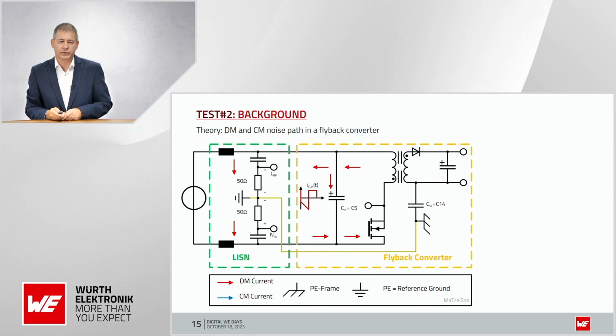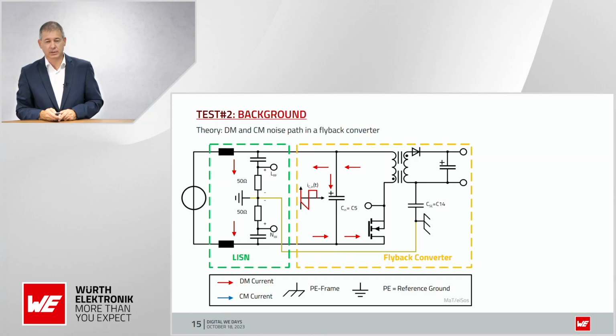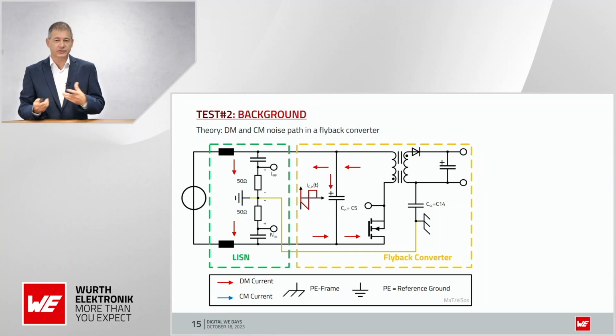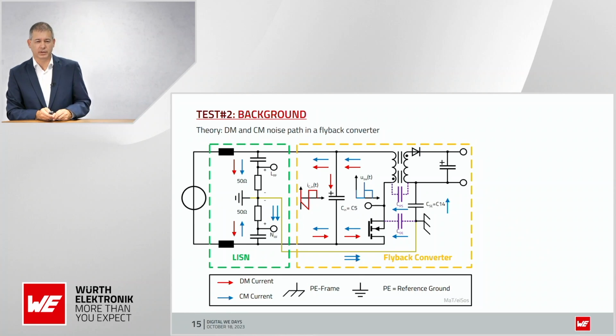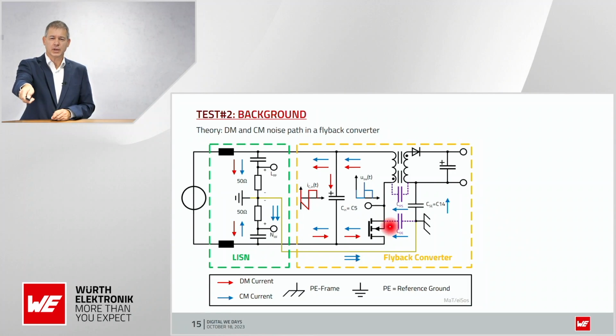We see this inside the schematic and see the way the current is flowing. The same with the blue, the common mode current. You can see also here we get some parasitic capacitances, and this is a path down to earth where the common mode current can flow.